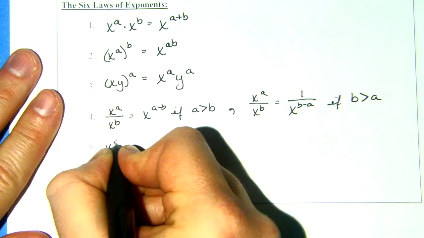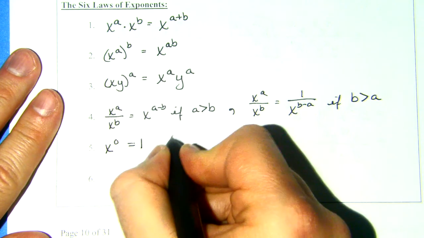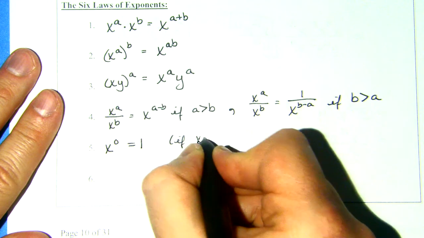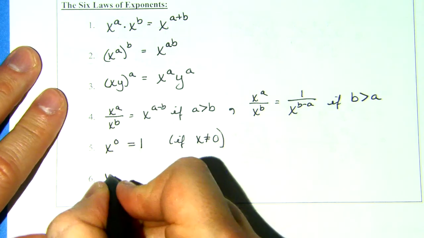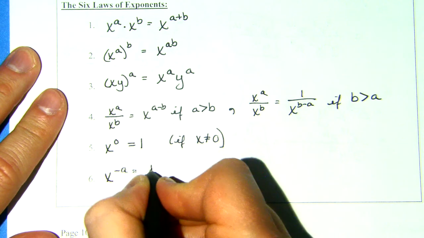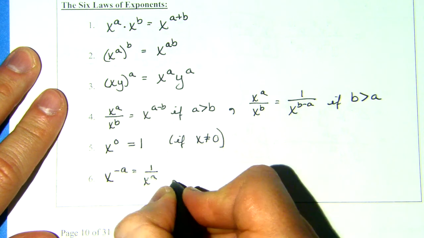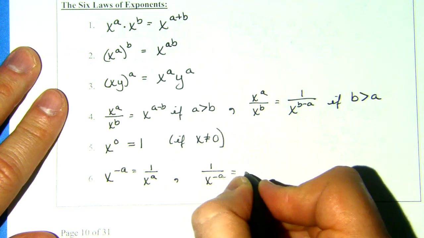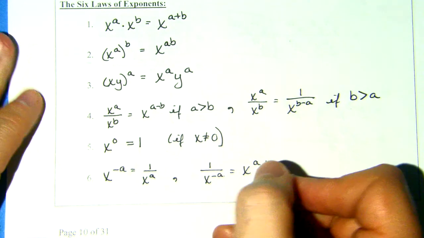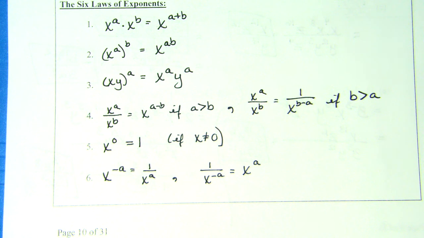Number 5, x to the 0 equals 1, as long as x itself is not 0. And number 6, x to the negative a equals 1 over x to the a. And if I already had a negative exponent in the denominator, 1 over x to the negative a, that's just x to the a. Get these all copied down, please.